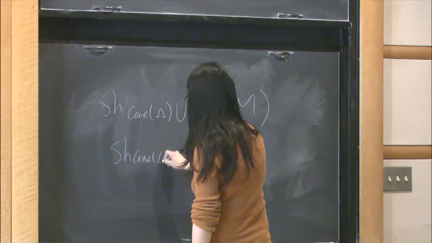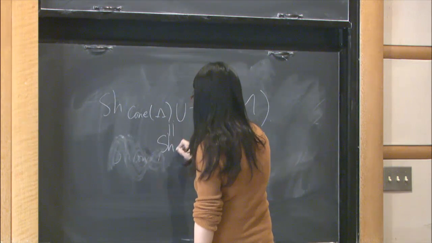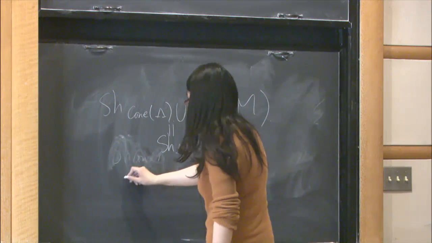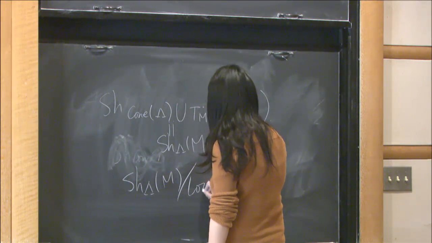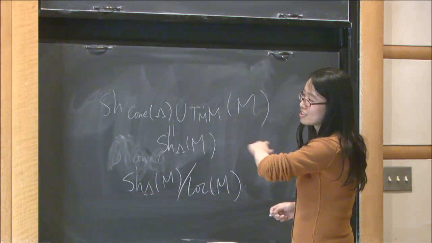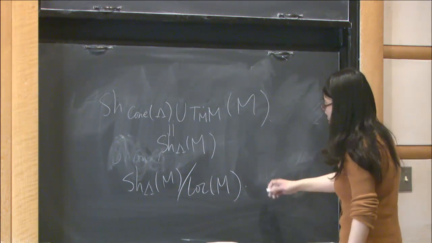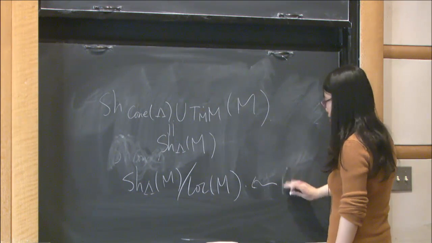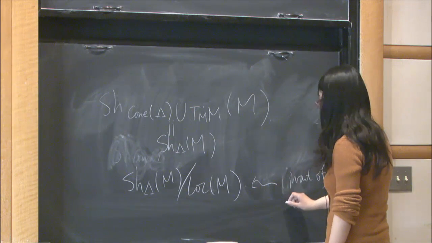Let's denote this category by Sheaf lambda M. Then you do a localization, quotienting out by local systems on M, because local systems have singular support just on the 0 section. It doesn't touch anything in lambda. So then one usually views this as an invariant of this closed Lagrangian lambda.